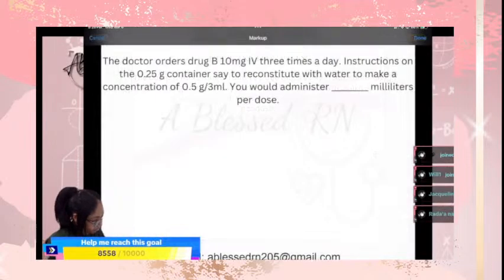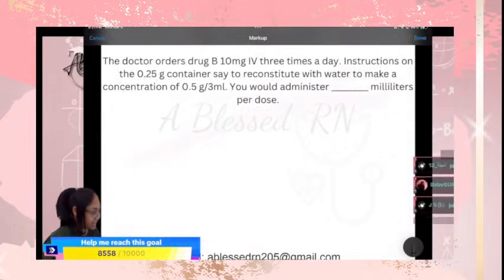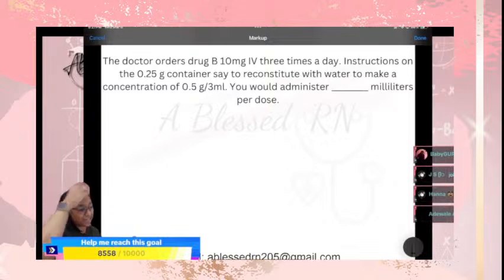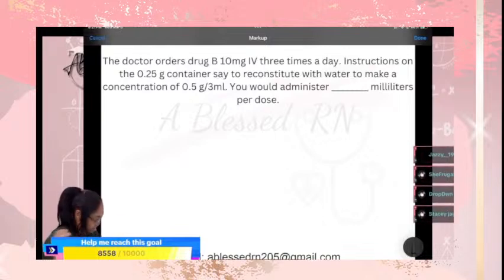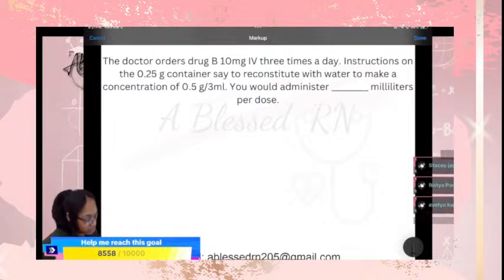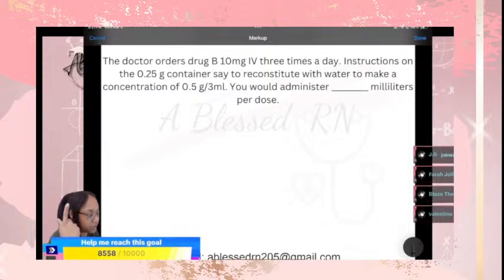So now we've got a reconstitution problem. Somebody has asked me in my YouTube comments, could you do reconstitution? And I keep forgetting to put at least one in. But reconstitution is just like all the other problems. It's just the secret that you need to know is that you're going to concentrate on the concentration.